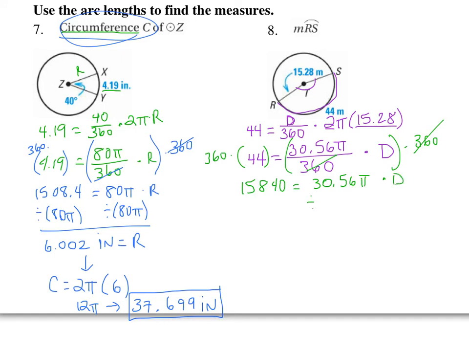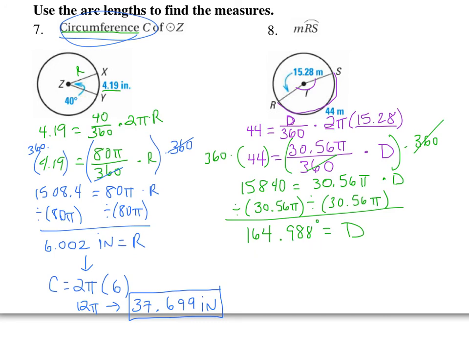So again, I need to divide by this number, 30.56 pi, again keeping it in parentheses. All right, so when we divide that in our calculator, the degree that we will get is 164.988, and then don't forget to put your little degree measurement up there. So that's what the measure of arc RS is going to be.